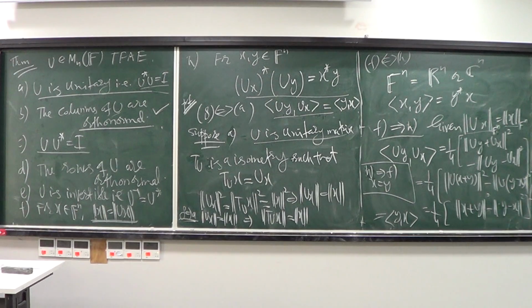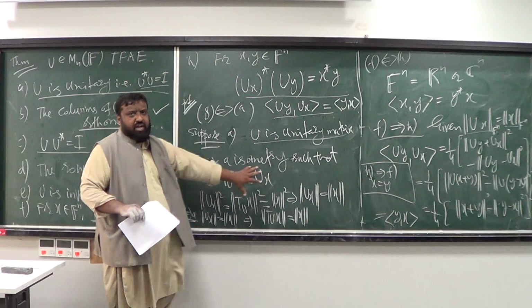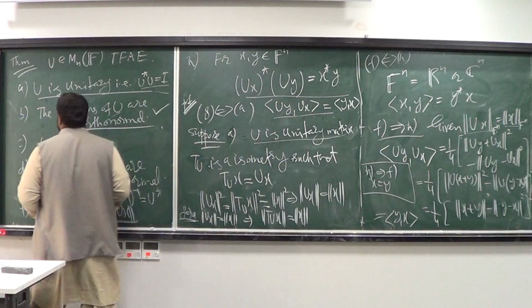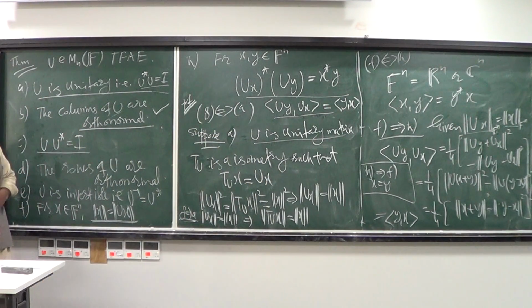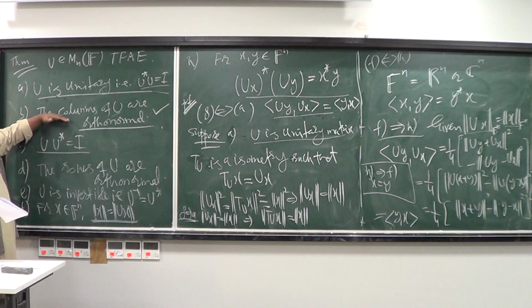So this kind of proves some of the basic properties of the unitary matrices. So we kind of justified every single part in this theorem. You can read it more. If you have questions, you may ask in the Zoom session. So what does this show? That being a unitary matrix is equivalent to many things. If your matrix is unitary, your columns are orthonormal, your rows are orthonormal, your unitary matrix is invertible, okay?